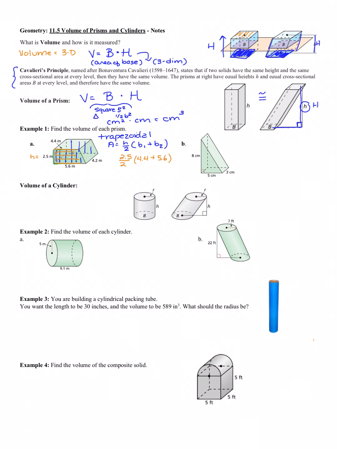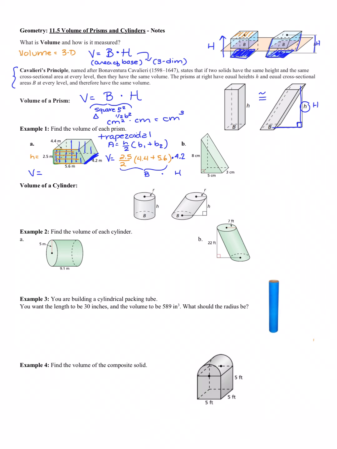Now all that's going to find us is the area of the base, and so if we're going to find the volume, it's the area of the base times the three-dimensional height. Now since this one is not sitting on its base, the three-dimensional height is going to be 4.2. So this is the area of the base times the three-dimensional height, and then we want to plug all that into our calculator.